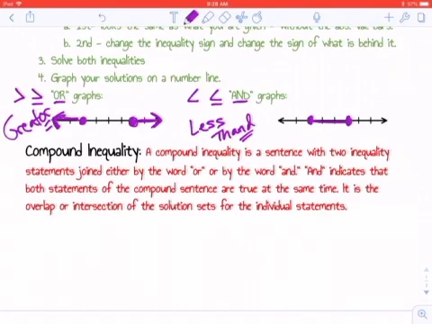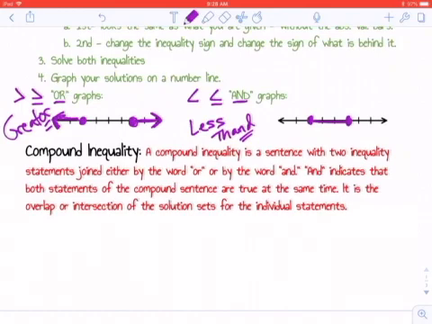A compound inequality is a sentence with two inequality statements joined either by the word or by the word and. AND indicates that both statements of the compound sentence are true at the same time. It is the overlap or intersection of the solution sets for the individual statements.